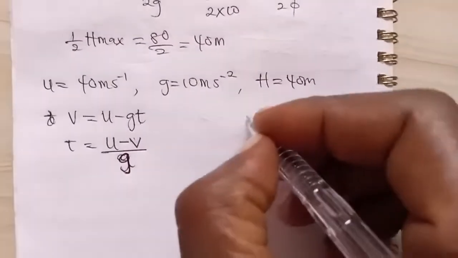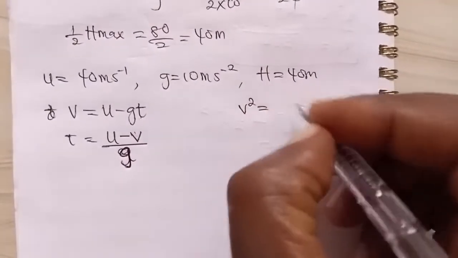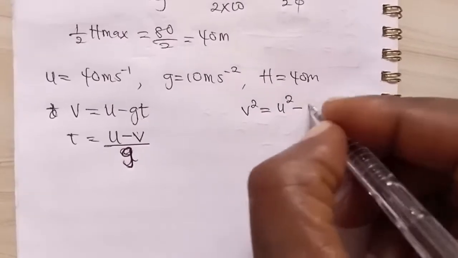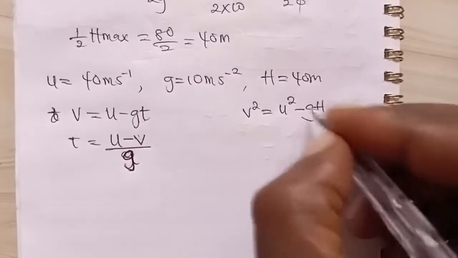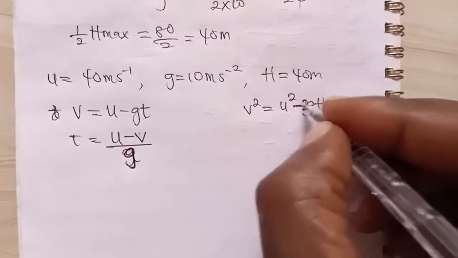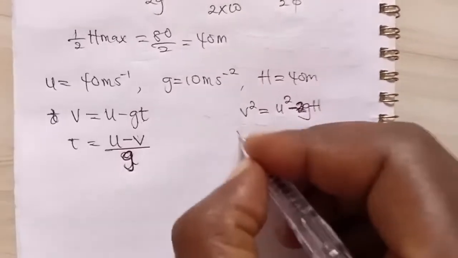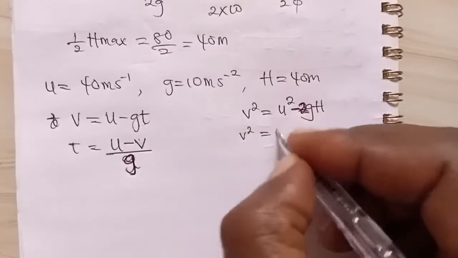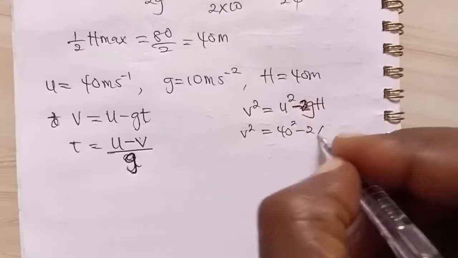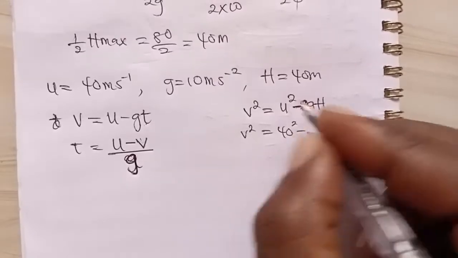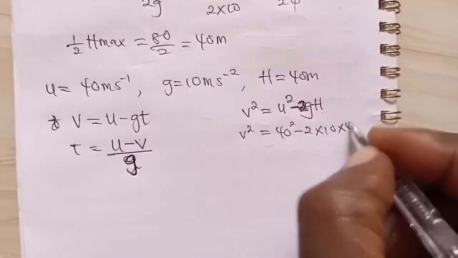For us to find v, we say v squared is equal to u squared minus 2gh. So v squared is equal to 40 squared minus 2 times 10 times h, which we're using now as 40.